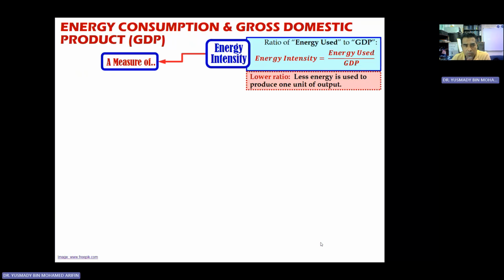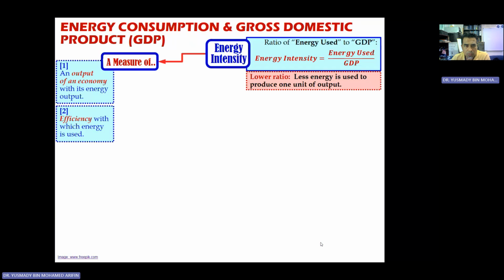Energy intensity is also considered a measure of the output of an economy relative to its energy input, as described by the equation, and also a measure of the efficiency with which energy is used. For example, say process A is used to produce 1 kilogram of a certain product, and it uses around 2000 kilojoule of energy.